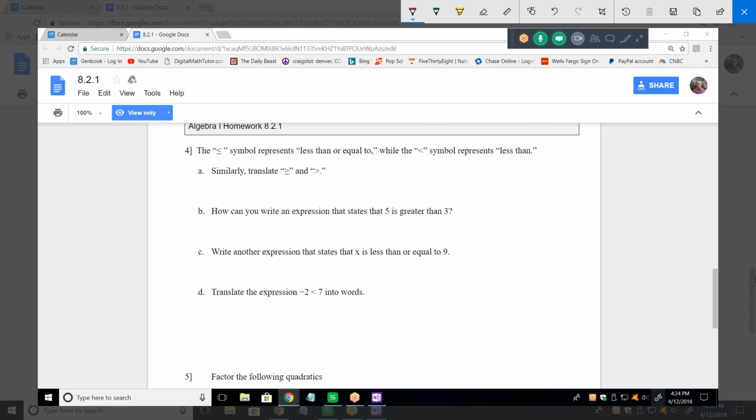Okay. How about C? Write an expression that says x is less than or equal to 9. It will be the left arrow with the equal sign. Okay. Translate that into words. And it will say 2 is less... negative 2.